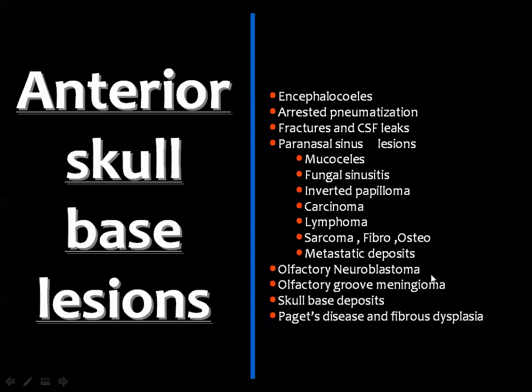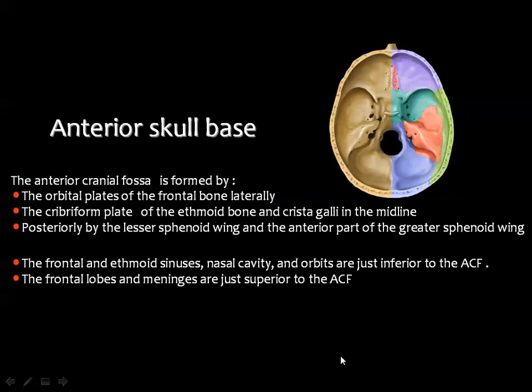Also, one of the well-known tumors of the anterior skull base is the esthesioneuroblastoma or olfactory neuroblastoma, and olfactory groove meningioma and skull-based deposits. Also, we'll have some words about fibrous dysplasia and Behçet's disease.